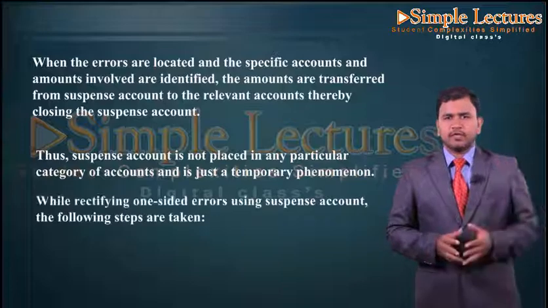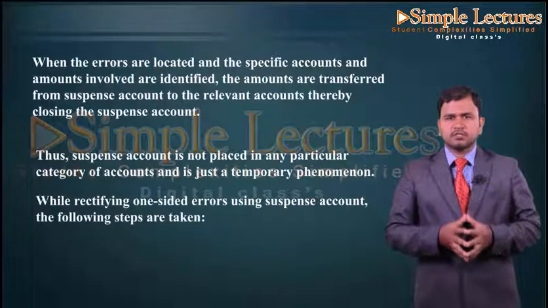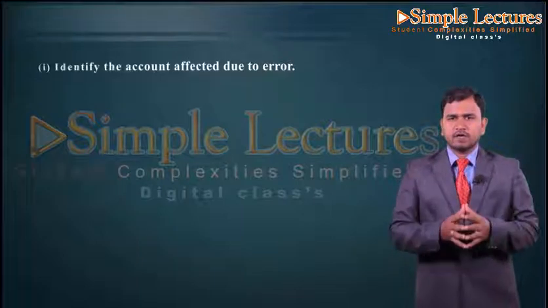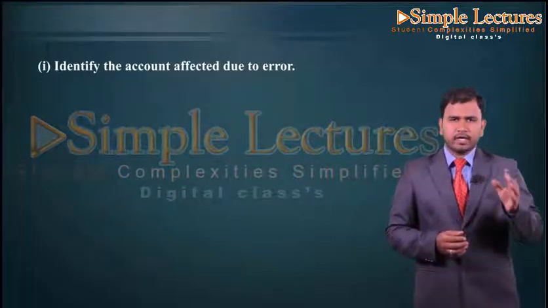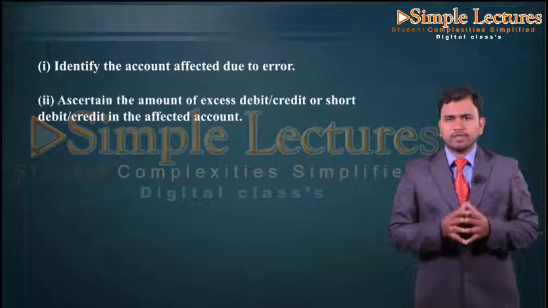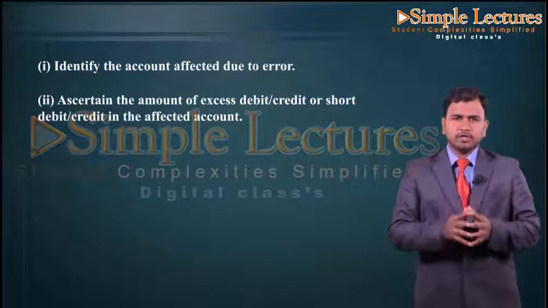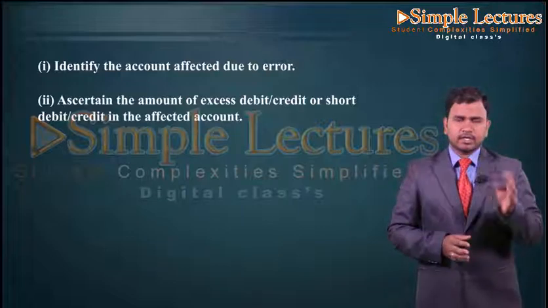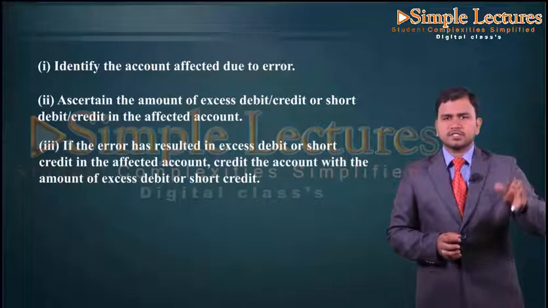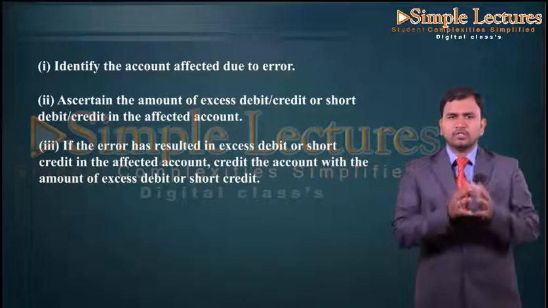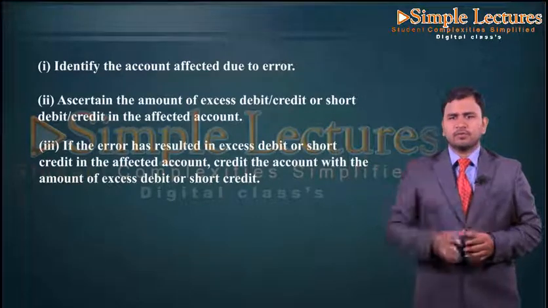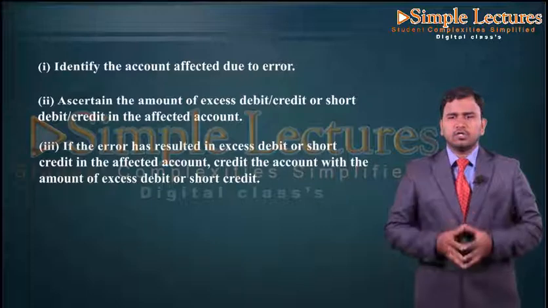While rectifying one-sided errors using the suspense account, the following steps are taken. One, identify the account affected due to the error and ascertain the amount of excess debit or credit, or short debit or credit, in the affected account. Third, if the error has resulted in excess debit or short credit in the affected account, credit the account with the amount of excess debit or short credit.